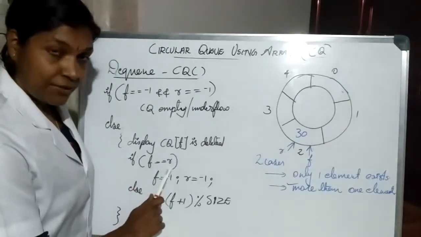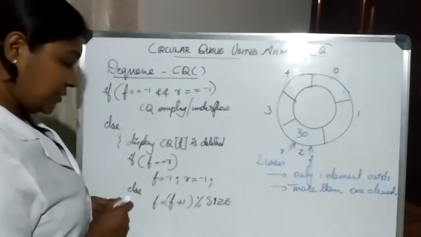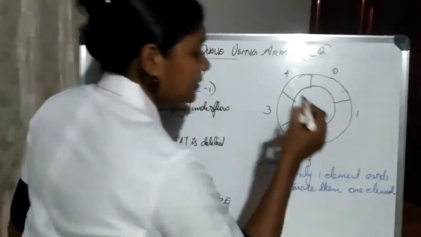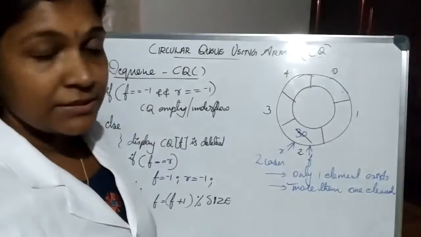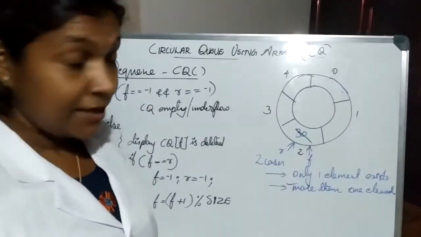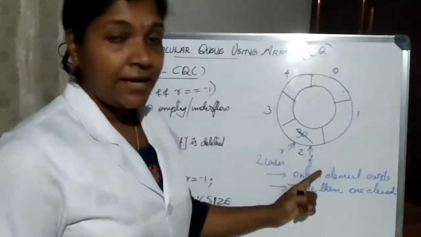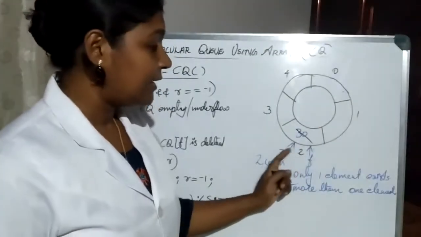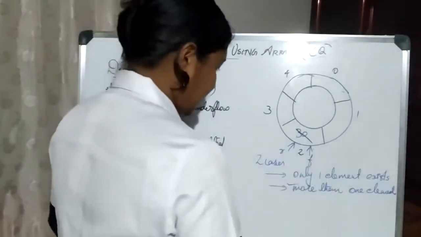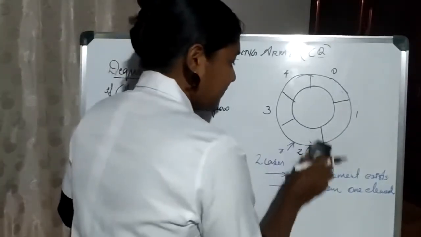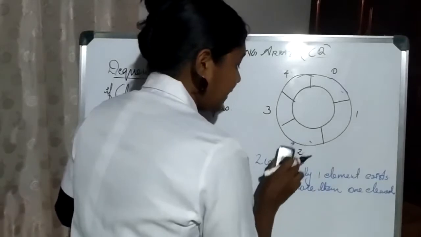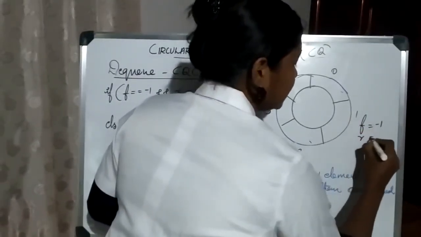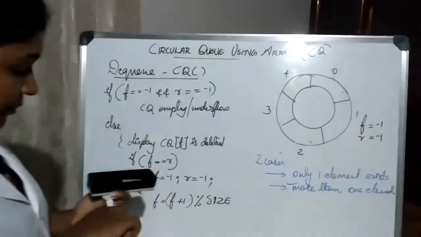If front is equal to rear, then what do we need to do? If we delete this element also, what is the condition of this circular queue? It is empty, right? So on deleting the very last element from a circular queue, we are supposed to reset the value of front and rear as -1.